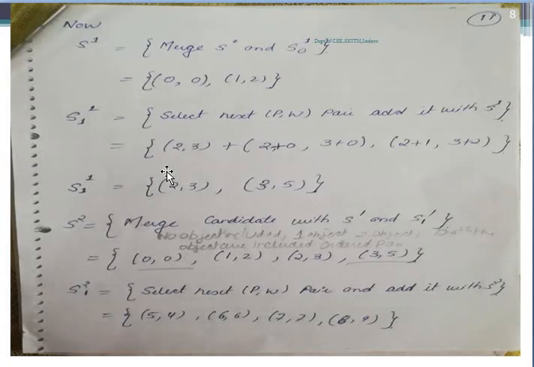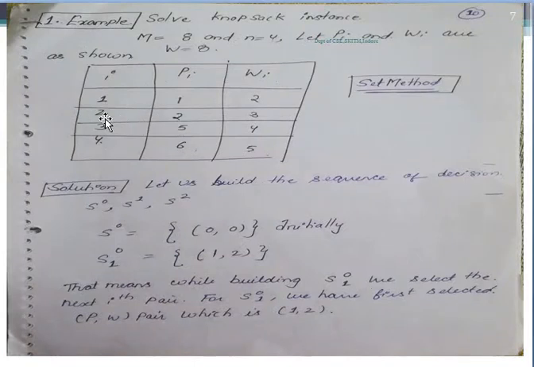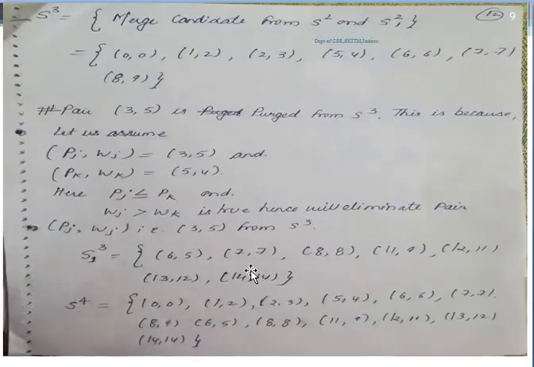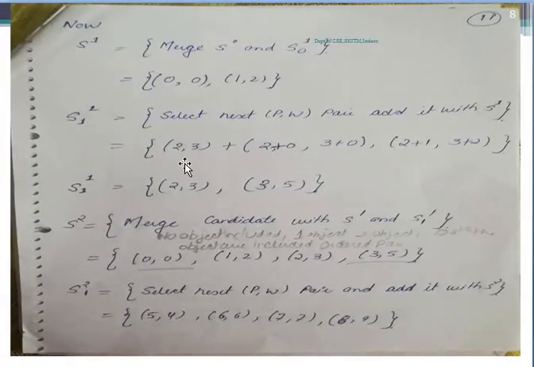If the second object is also considered, whose profit comma weight is 2 comma 3, then if no object is there in the bag, and if the second object is there in the bag, the profit comma weight is 2 comma 3.